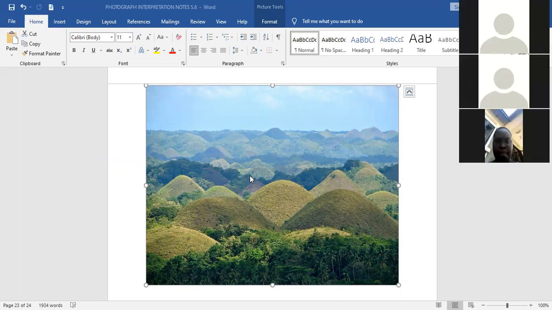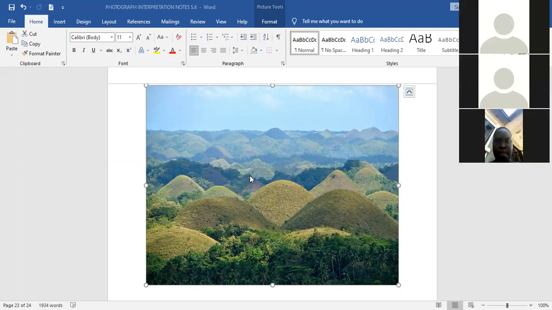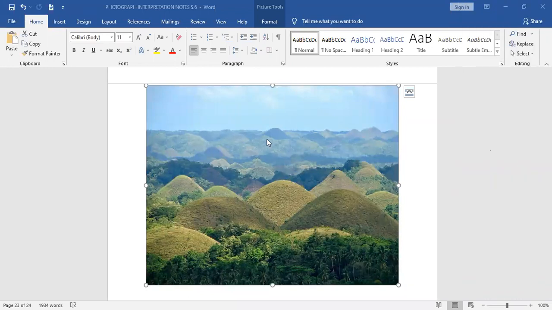So we can say that people in the area experience soil erosion, evidenced by steep slopes in the foreground or in the background of the photograph. So it means all our answers must have the problem and then the evidence from the photograph as well as the ground on which you can easily locate it.